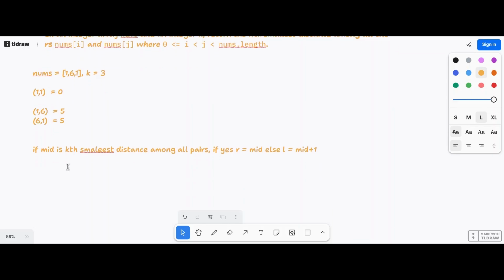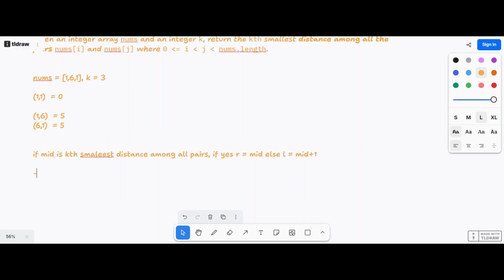Okay, now the question arises: how do we find if mid is the kth smallest distance among all pairs? So the main thing is we need to find all pairs with distance less than or equal to mid.